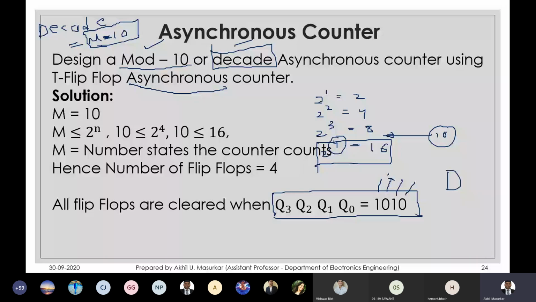Wherever there is a 0, you will put a NOT gate and all that will go into this, and this will go to the clear terminal. Correct. Omkar, 4 flip-flops, Ashwin, Ashish, Hemant, Karthik, Tanvi, all are right. Good.